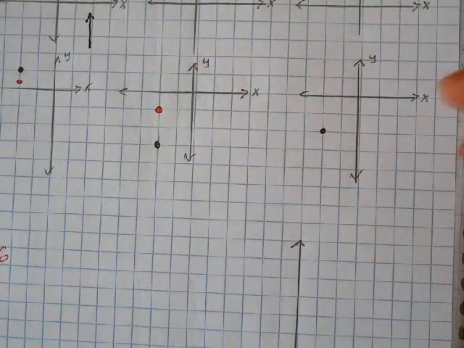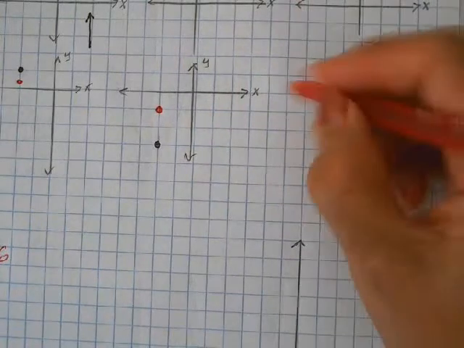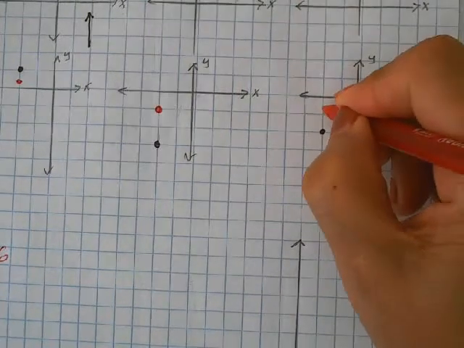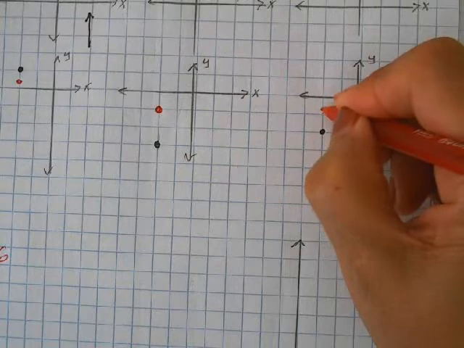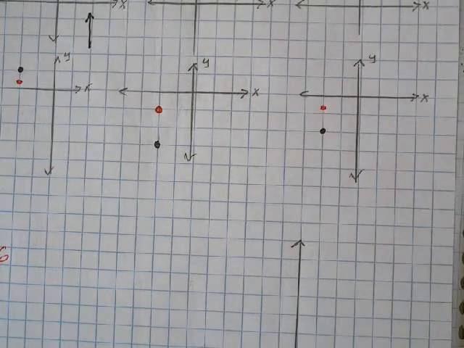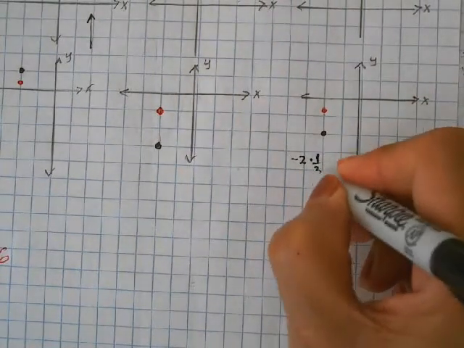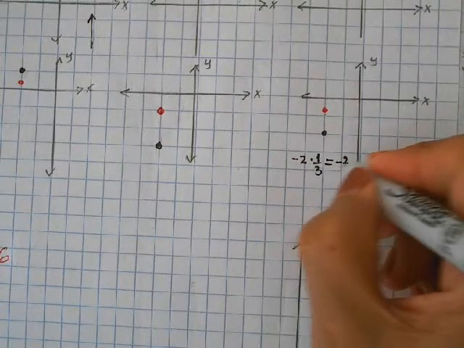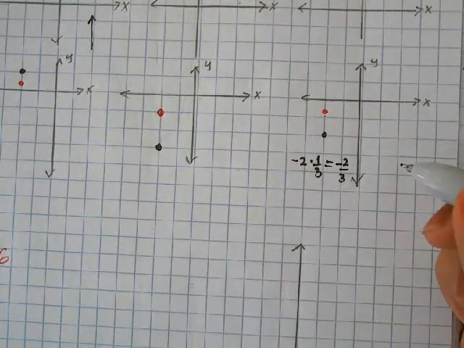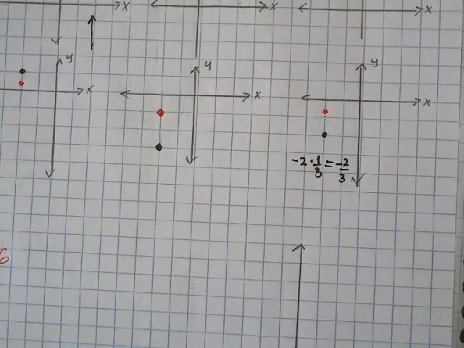So 2/3, right? 2 divided by 3 is 2/3. So 2/3 is somewhere here. Is that clear? You can also do that: negative 2 times 1/3 is negative 2/3. You just multiply that by 1/3.